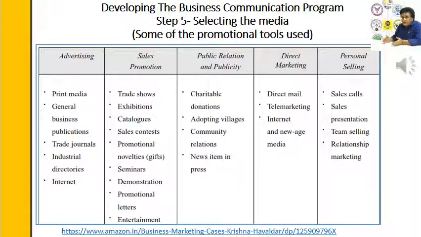You can go for print media, or general business publications, or you can advertise in trade journals or industrial directories. Similarly, you can promote your product and services through trade shows, exhibitions, catalogs, or do some sales contests, or entertainment events for your customers.